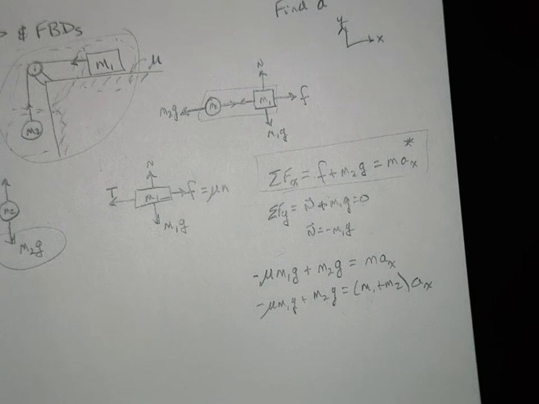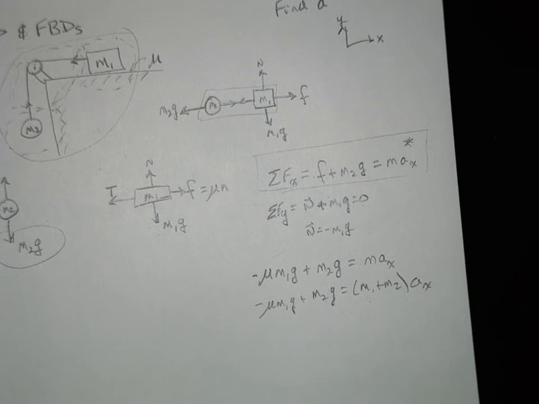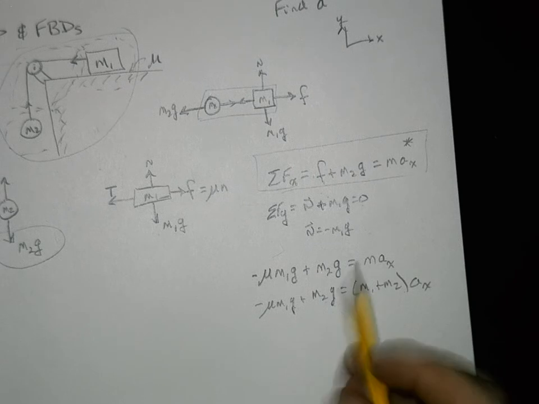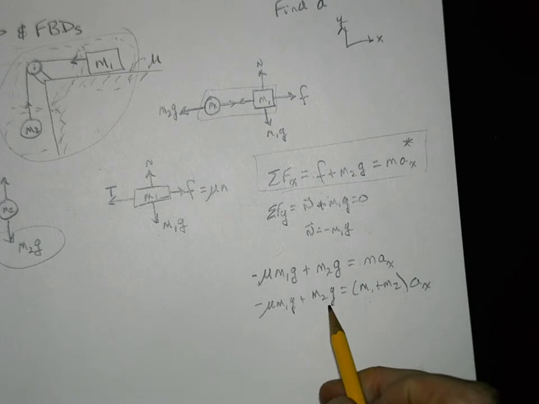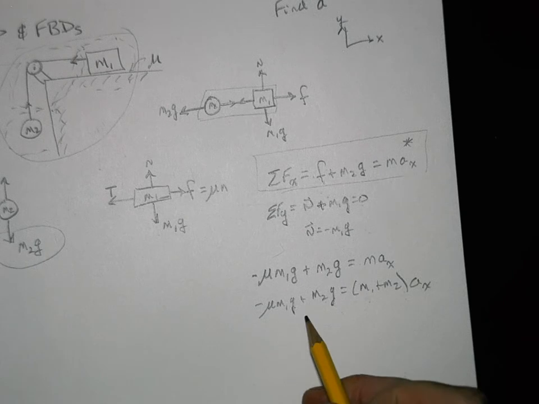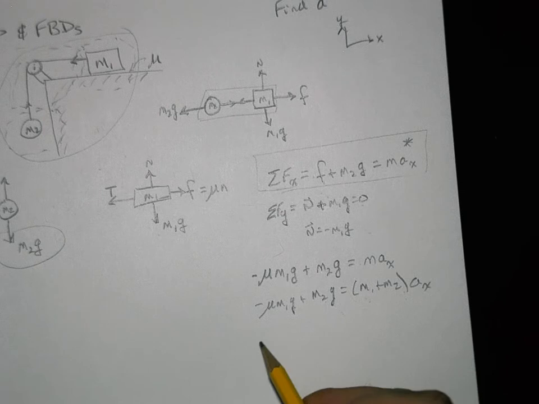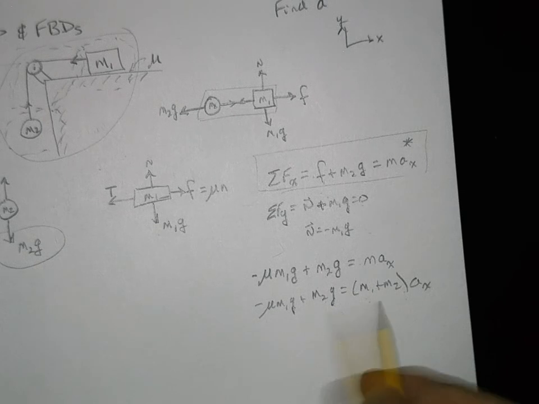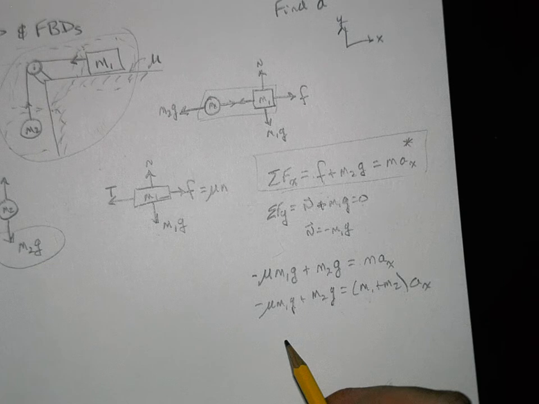But just for an intellectual exercise, check out the units here. You guys can see we can factor out the g, right? So this is going to wind up being negative mu times m1 plus m2, times g. And the other one's going to be divided by m1 plus m2, right? So those are sums of masses divided by sums of masses.